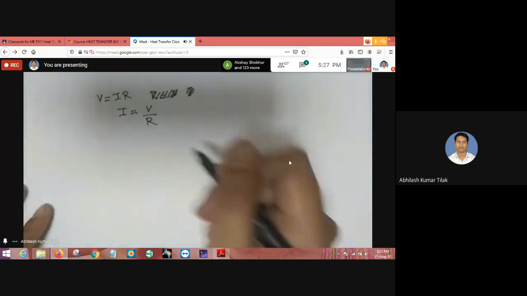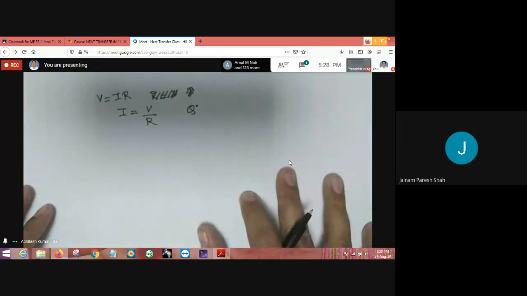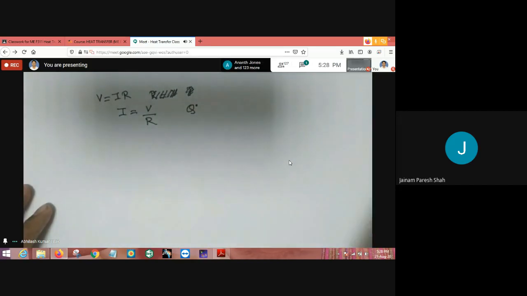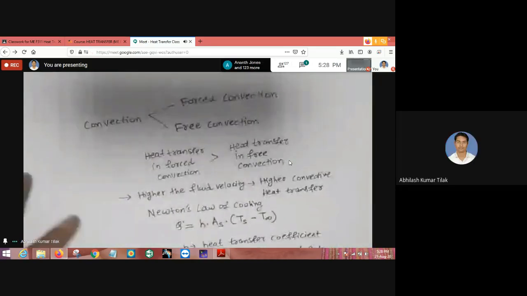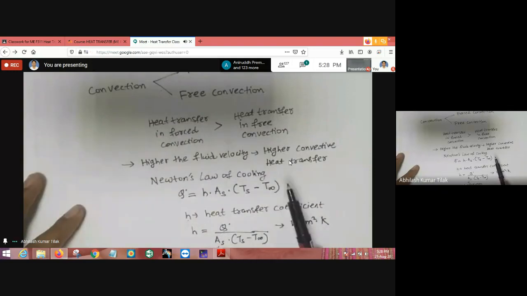Similarly for heat transfer. Sir, in this case also we consider H to be constant throughout. H indicates the amount of the heat which is being convected away. Now we will see later on how the temperature is going to affect it, but we have to consider the H to be constant.